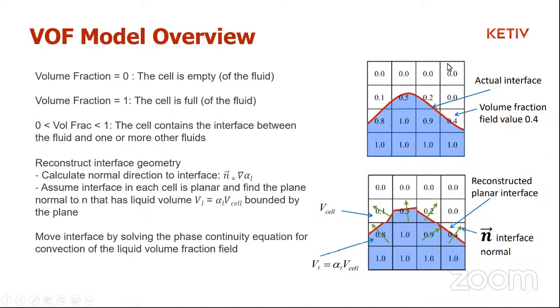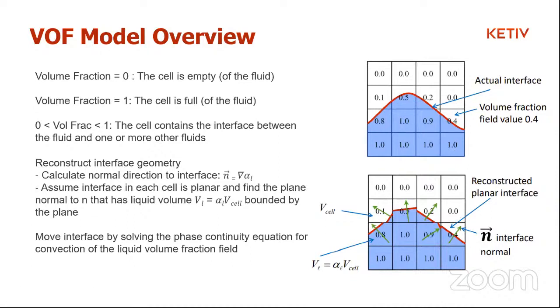If the volume fraction of that phase in a cell turns out to be 0 after the equations are solved, that means there is no volume of that particular phase in that cell. And if the volume fraction is 1, then based on what we saw in the previous slide, that cell is completely occupied by that particular phase.